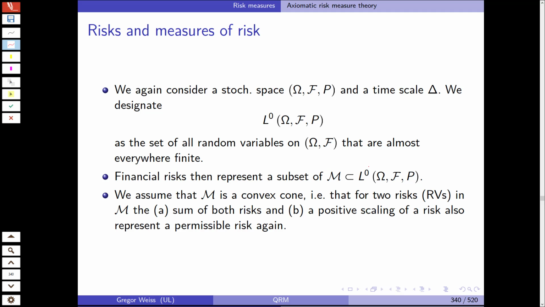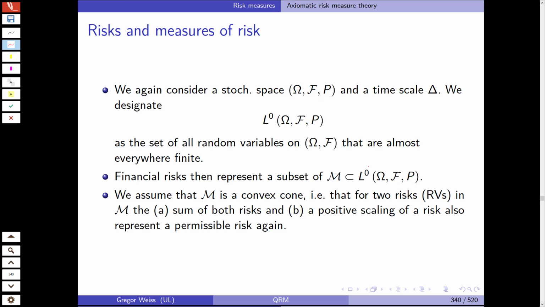It's very interesting. So we start again with a stochastic space and a time scale. We designate by L0 the set of all random variables that are almost everywhere finite. So we're excluding random variables which can go to plus minus infinity. That's all we're doing here. The financial risks then represent a subset of L0, meaning that a financial risk is a random variable. It's all that simple.